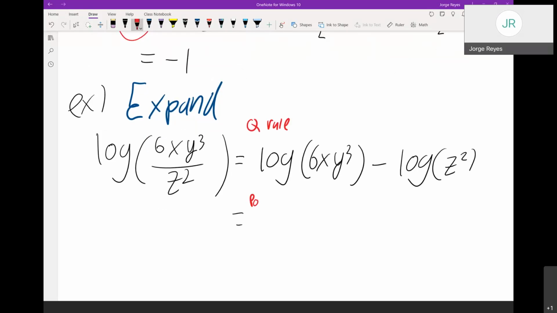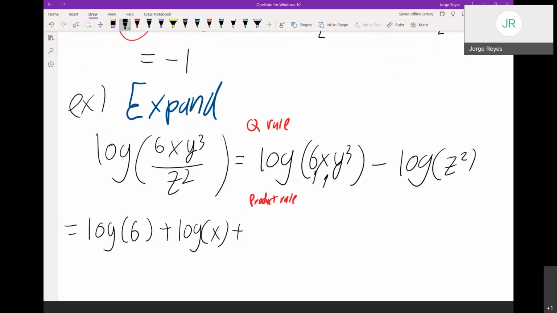Oh, they both start with P's. Product rule. And I'm going to move this over here actually. So I have 6 and I have these 3 terms being multiplied. So I can do the product rule 3 times and get log of 6 plus log of x plus log of y cubed. And then remember, this is still here.